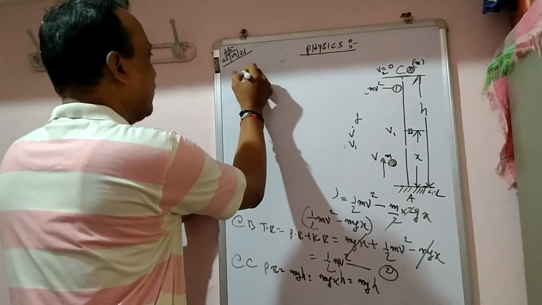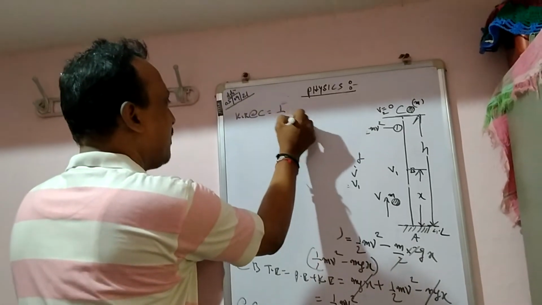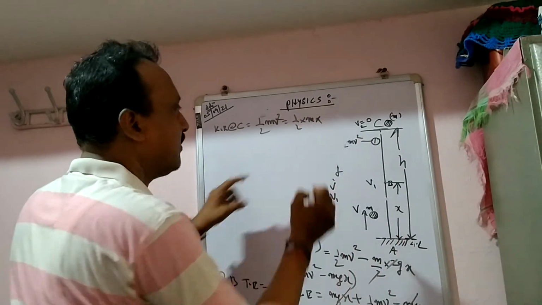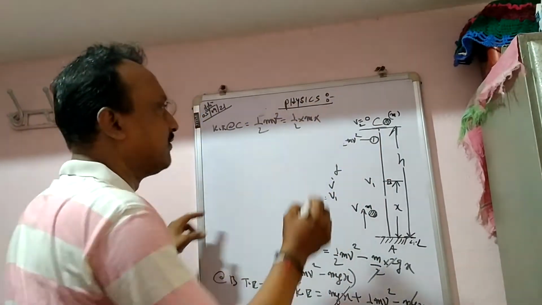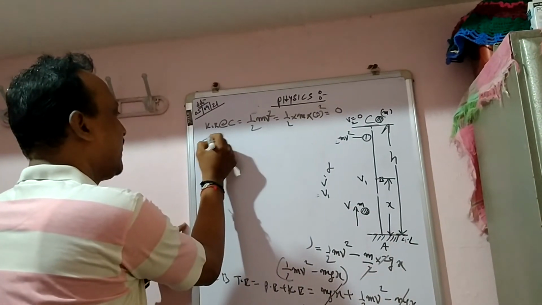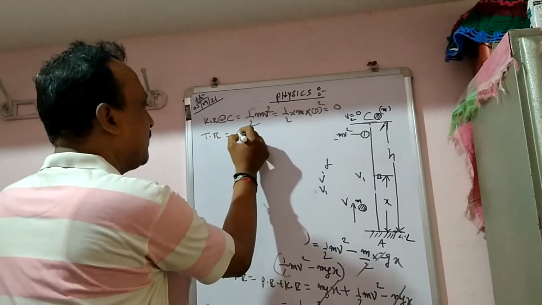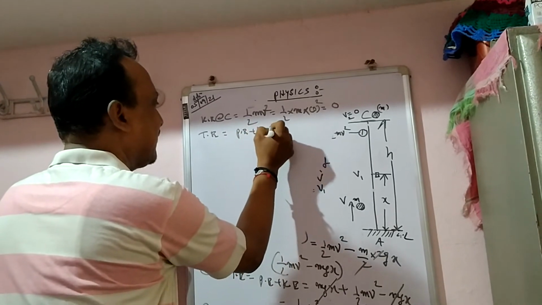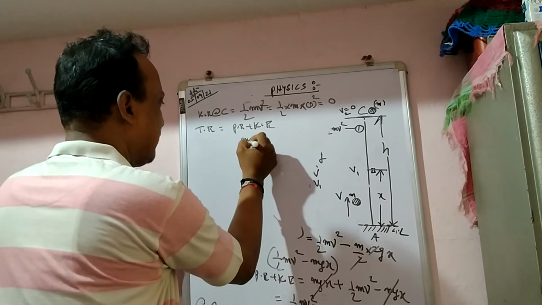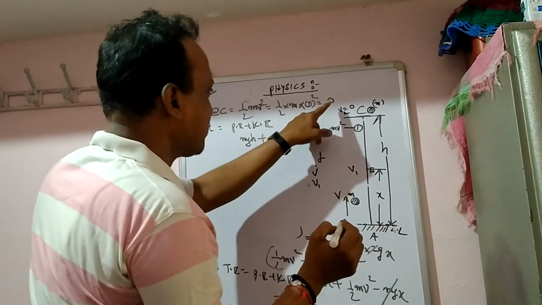KE at C is half m v square, that is half into m into, at the highest point the velocity is 0, therefore 0 whole square is equal to 0. So total energy is equal to PE plus KE, that is potential energy mgh plus KE, which we got as 0.